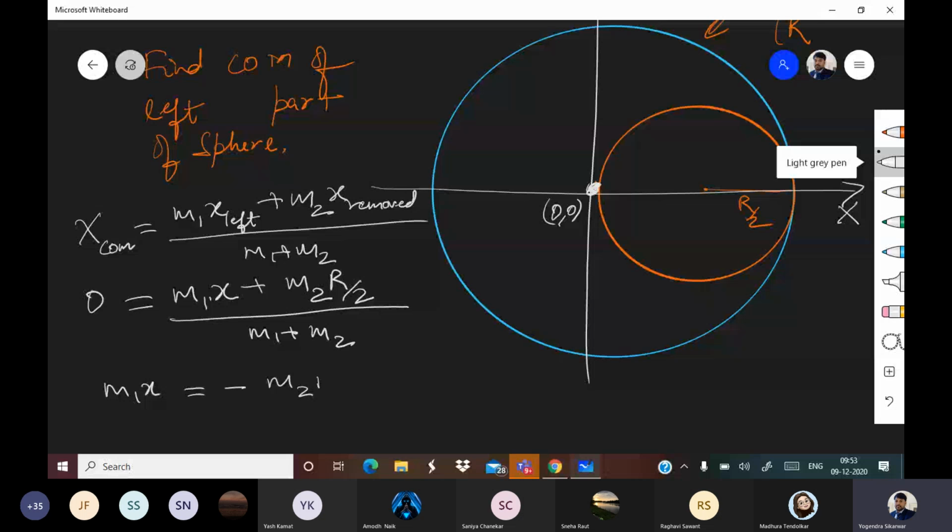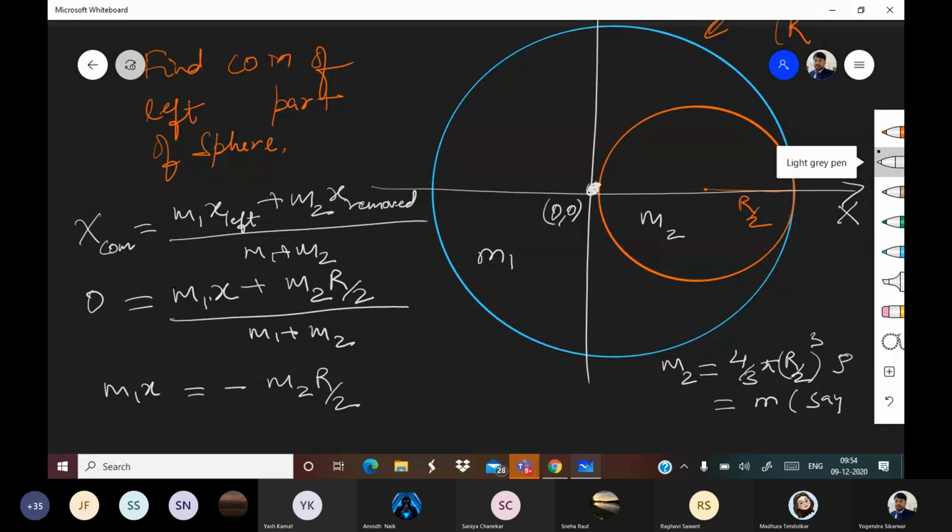Okay. Now how much is the value of m1 and m2? So m1 is this mass and m2 is this mass. So m2, pay attention everyone, is equal to the volume of the smaller sphere. So volume will be 4 by 3 into pi into r by 2 cube into rho. Rho is density. So that comes out to be, let's say, m.